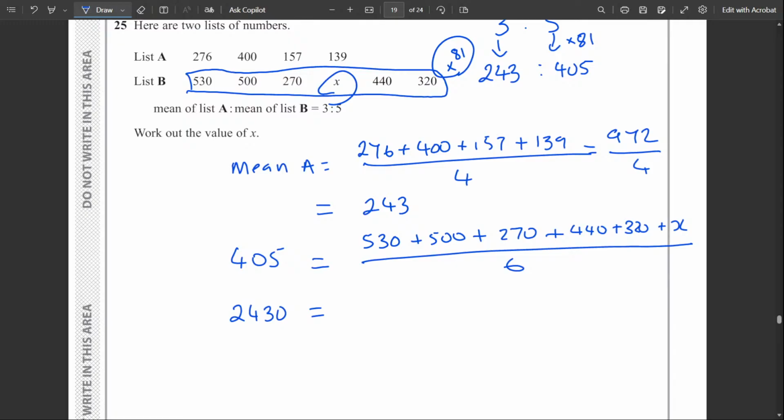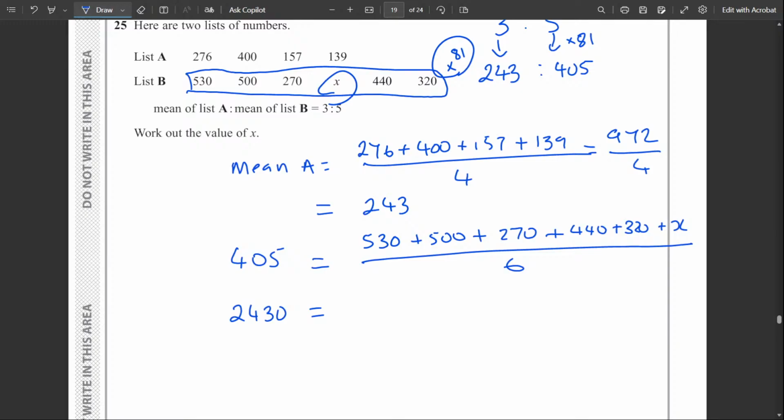So I've got a really rubbish calculator here, which takes a little longer. So we've got 530 plus 500 plus 270, that's 1300, that's 2060 then. 440 plus 320.